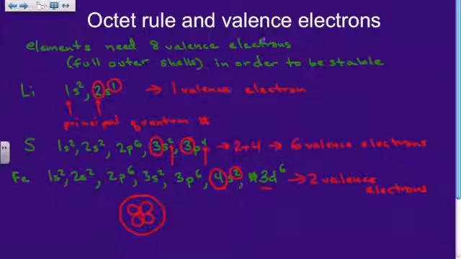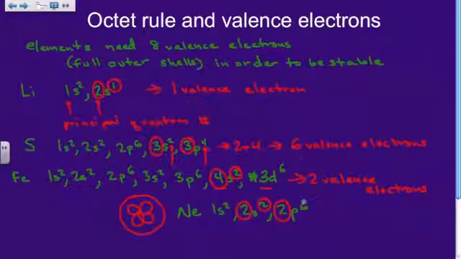Now, if we look at all of these different elements, 1 valence electron, 6 valence electrons, 2 valence electrons, none of these have 8 valence electrons, so none of them are stable. The only elements that will have 8 valence electrons are our noble gases. So if we look at neon, 1s2, 2s2, 2p6, the highest principal quantum number is 2, and then we have 2 plus 6, so 8 valence electrons.